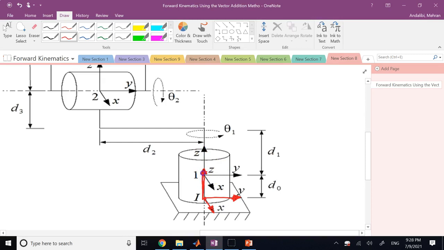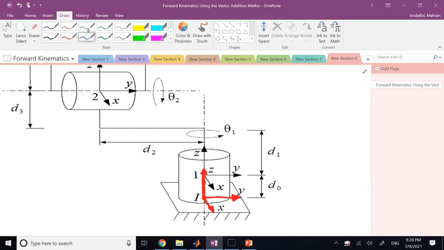They are the same thing. So this is xi, yi, and zi. The I here means inertial, because this frame does not rotate. It is attached to the ground, and you can count on it as the inertial frame. So these are xi, yi, and zi.